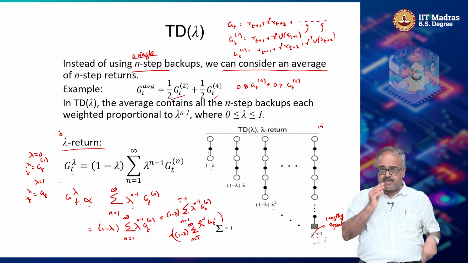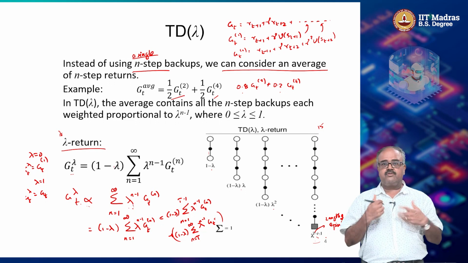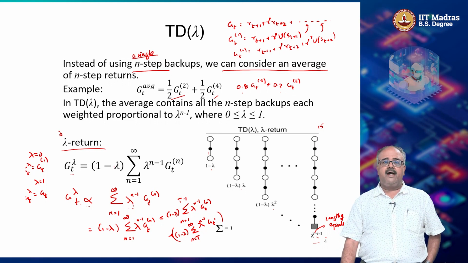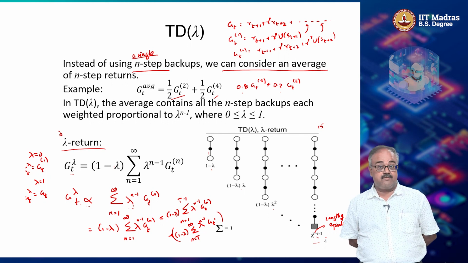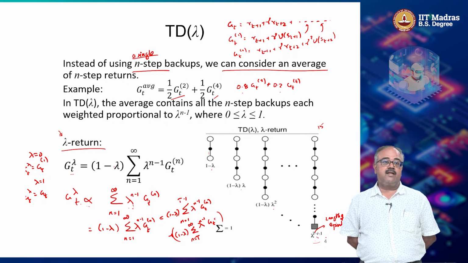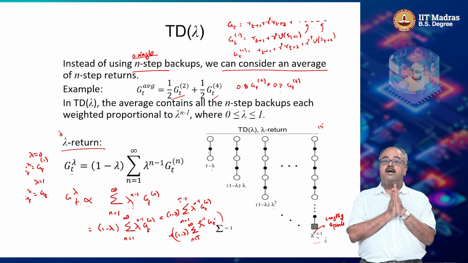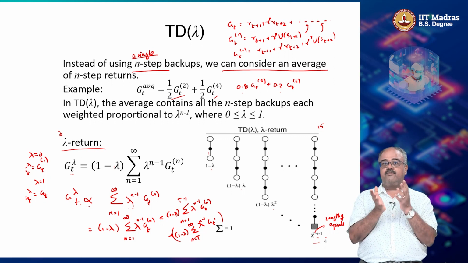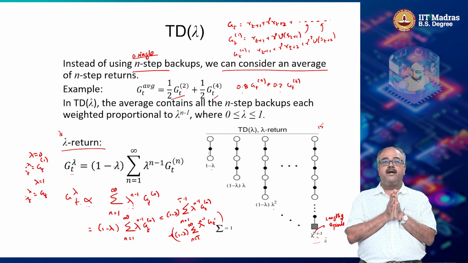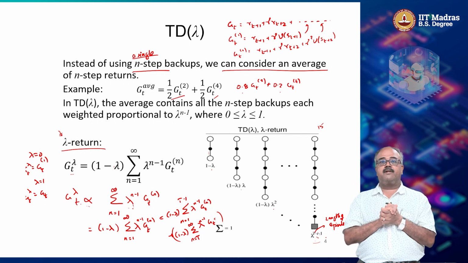So, why did we propose this kind of weird summation? Why did we choose lambda power n minus 1? It turns out that there is a nice reason for that. This allows you to come up with a very efficient implementation of this lambda return. You can use an algorithm that allows you to do an efficient implementation of this average of n step returns.